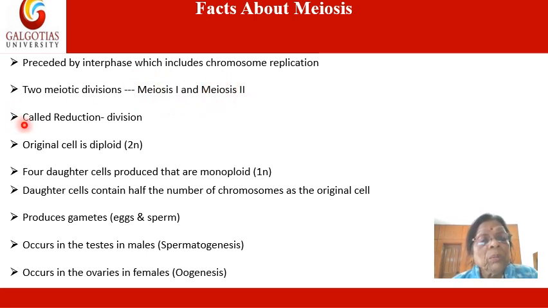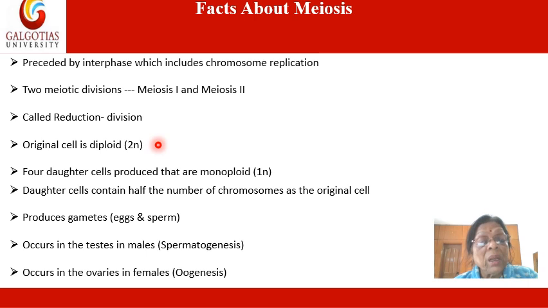Now, meiosis is known as the reduction division because here the original cell, which is 2n or diploid, I have already explained that in human beings we have 23 pairs of chromosomes, 22 pairs of autosomes and one pair of sex chromosomes.